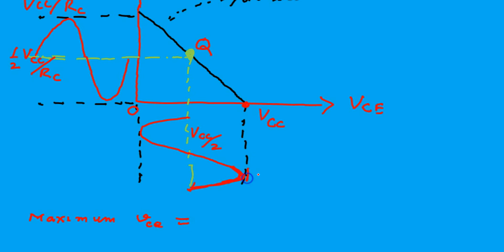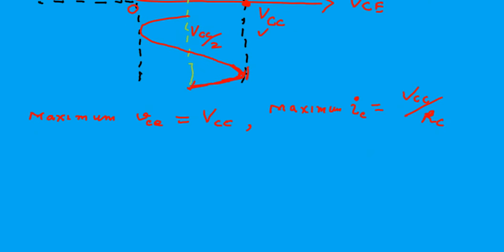Now what is the maximum value of VCE? Look, 0 is the reference and VCC. That becomes VCC only. The maximum value of current, you look, 0 is the reference level, then VCC by RC. So the maximum values of the varying voltage and current are peak to peak values. Now, what will be the maximum AC output power?